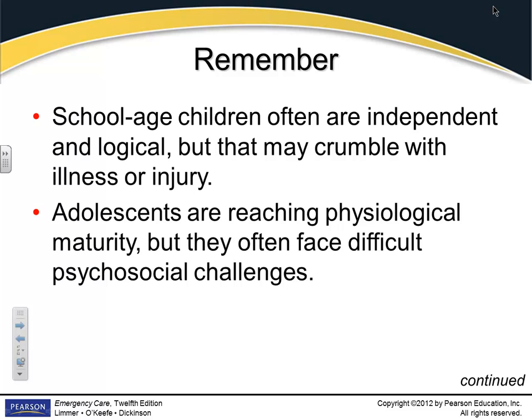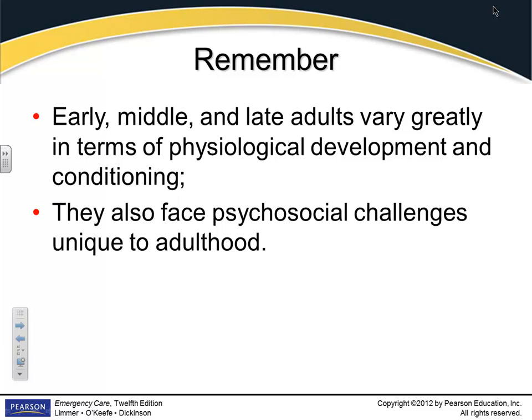And then you have to think, I made some bad decisions, and that's how they got to where they are, or to where I am. So, fortunately, a lot of our bad decisions might not have landed us in the hospital. Maybe with some they do. Early, middle, and late adults vary greatly in terms of psychosocial development and conditioning. They also face psychosocial challenges that are unique to adulthood.